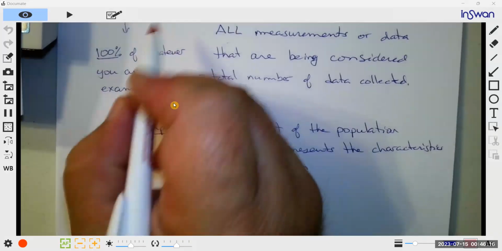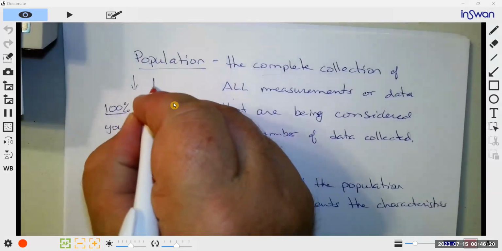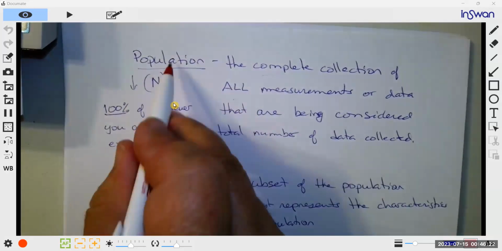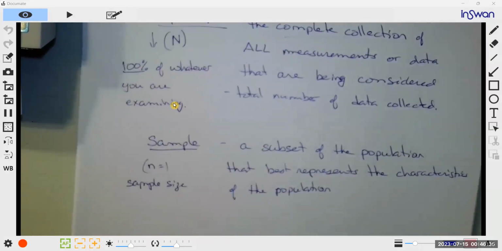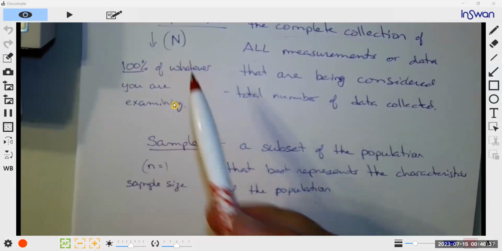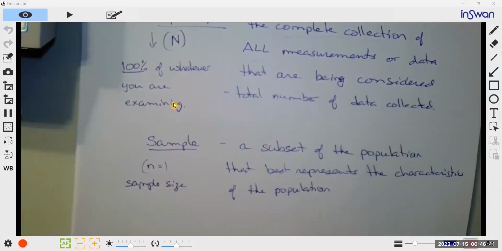So if we're looking at the numbers in the statistical analysis, when you see a capital N, that represents the population. If you see a small n, that's the sample size. So the population of Mountain View is something like 16,000.